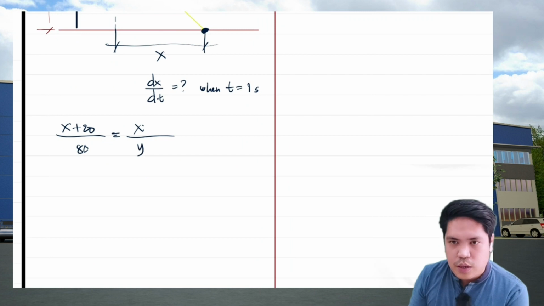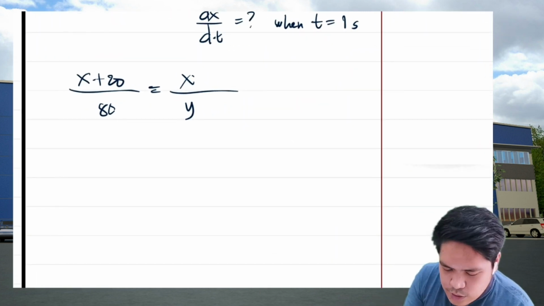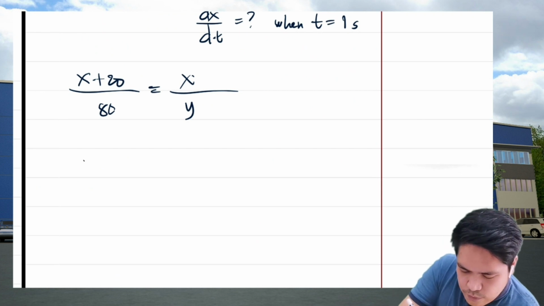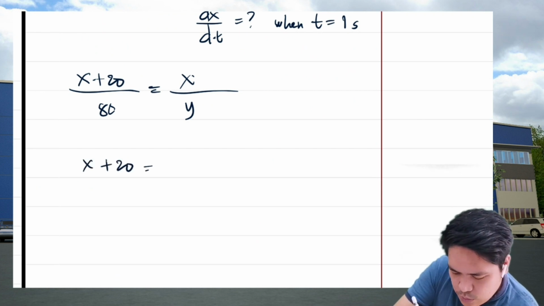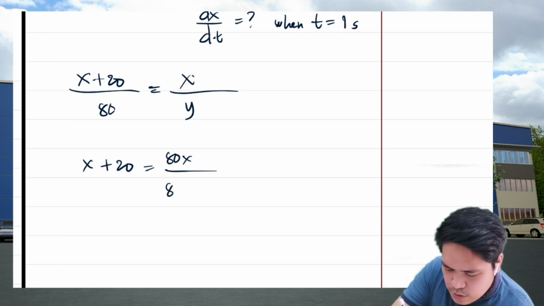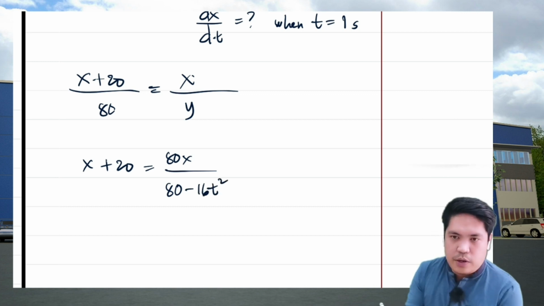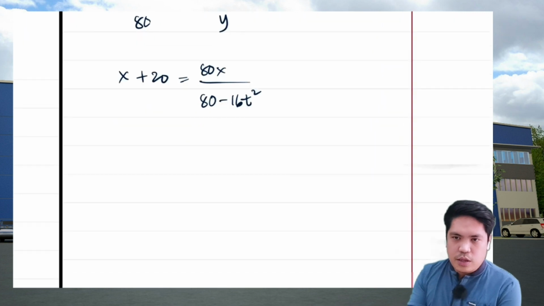Remember that y is 80 minus 16t squared. So we have x plus 20 equals 80x over 80 minus 16t squared.